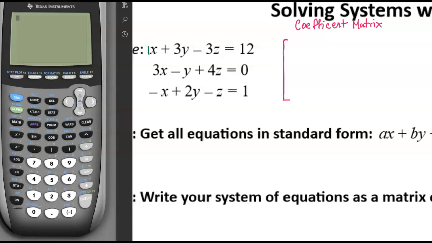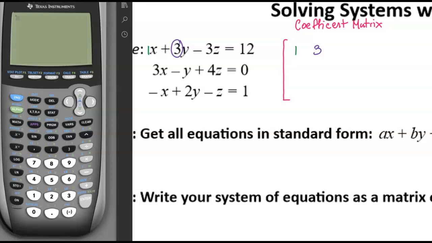So inside of my matrix, I'm going to take the 1 and place it in my very first position. Then, what's the coefficient on the y? 3. So I place a 3 in the same row as the 1.